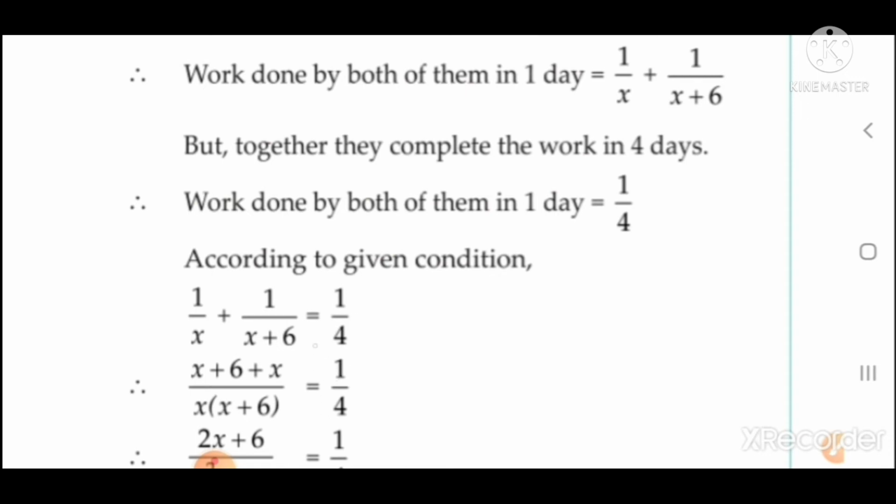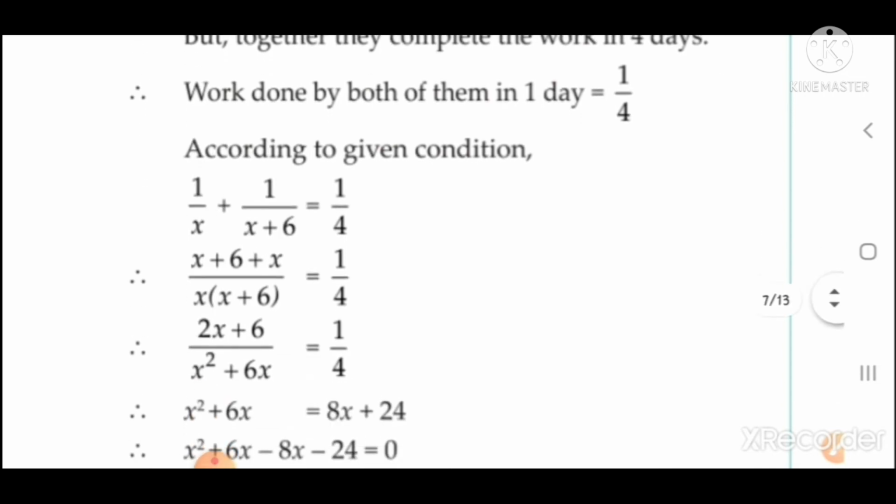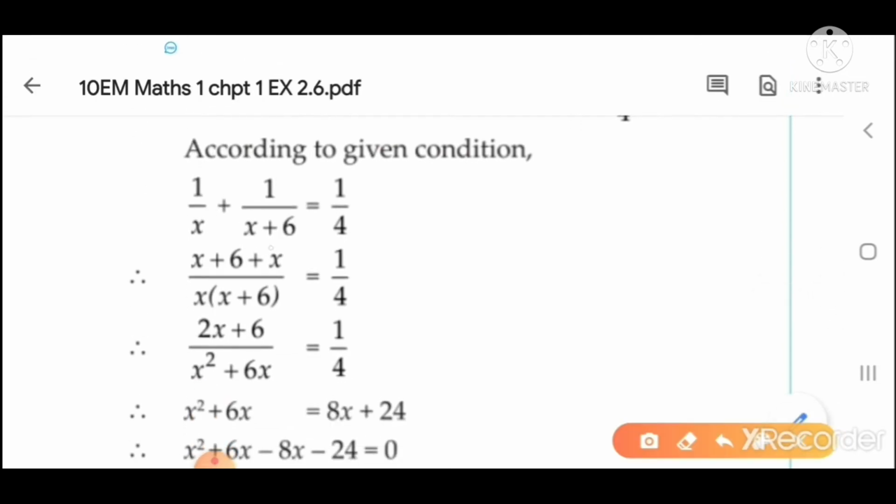And now you have to solve this. This is how the equation can be framed. Now you have to solve. Cross multiply you can do here. x plus 6 will go there and x will go there. So cross multiply, so x plus 6 plus x upon x into x plus 6 is equal to 1 upon 4. After that you have to solve. x plus x becomes 2x plus 6 upon x into x, x square plus 6x is equal to 1 upon 4.